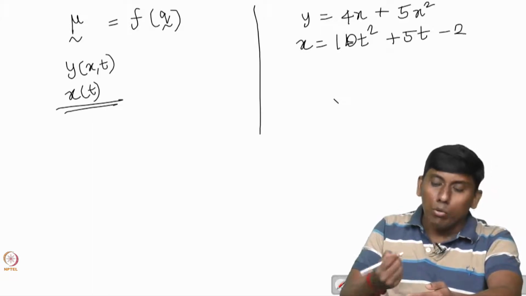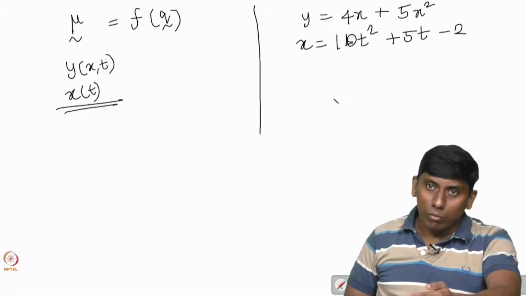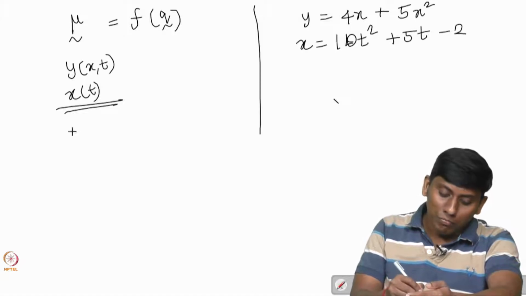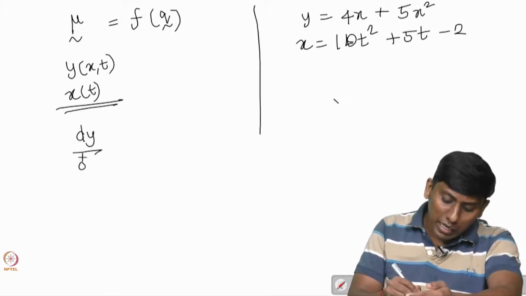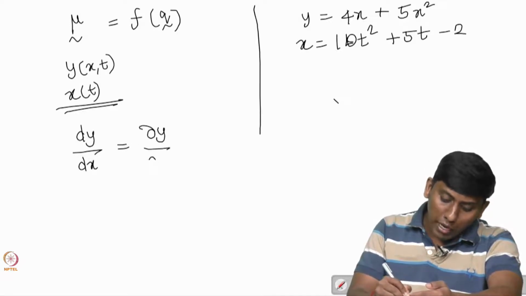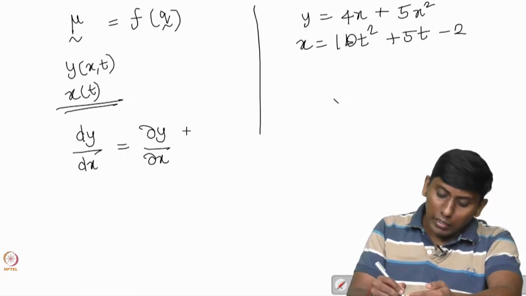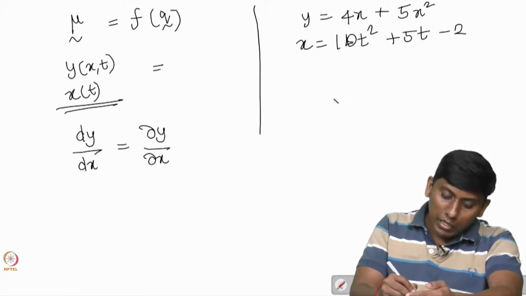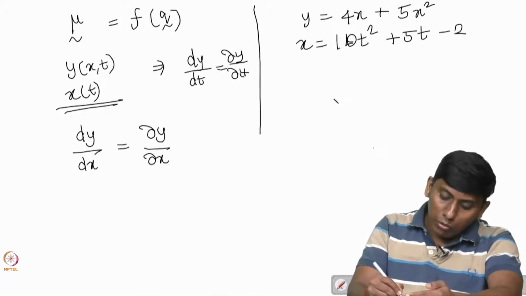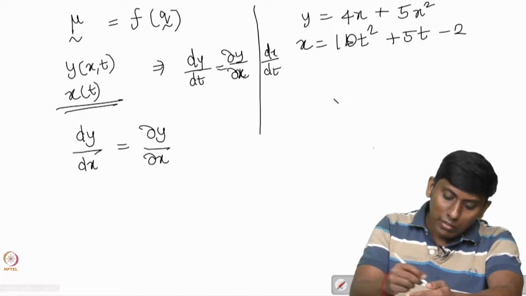In the sense I want to differentiate y with respect to x, but the differentiation is a time differentiation. So what I wanted is dy by dx, and this I cannot do directly. What I can do is write dou y by dou x into, I can take dy by dt, which would give dou y by dou x, and multiply with dx by dt.